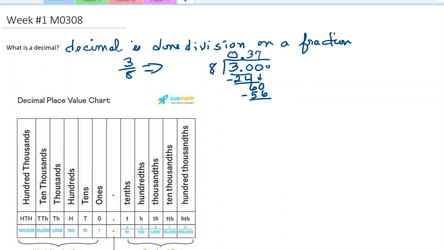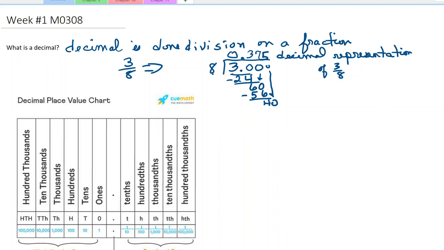I draw my line and change my sign, and then I get a 4 and bring down another 0, and I get a 5. So this is the decimal representation of 3/8.